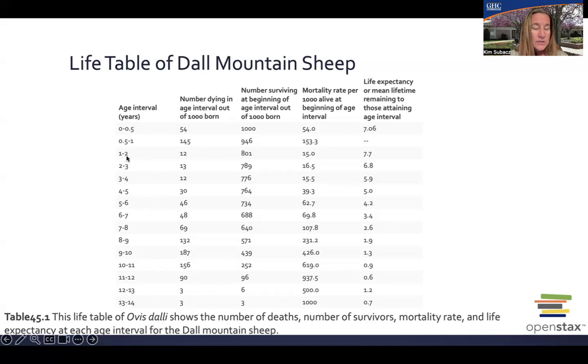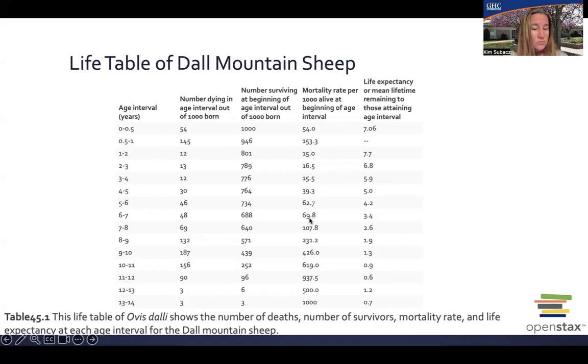Then at 1 to 2 years, it seems like things are getting better. We're a yearling now, getting our feet under us, and the mortality rate at that stage was 12 out of 801. Mortality rate is only 15 out of 1,000, a much better rate than it looks like for the rest of the table.